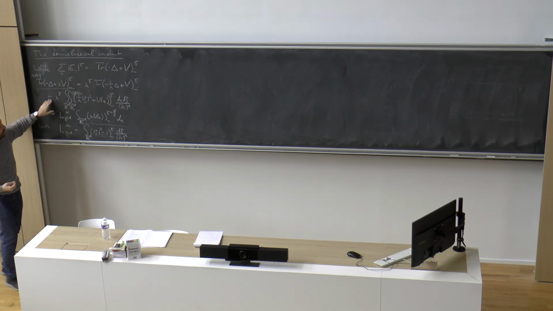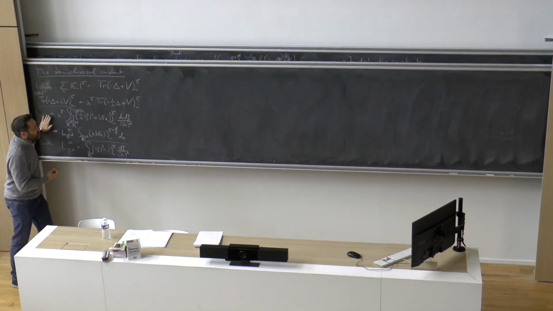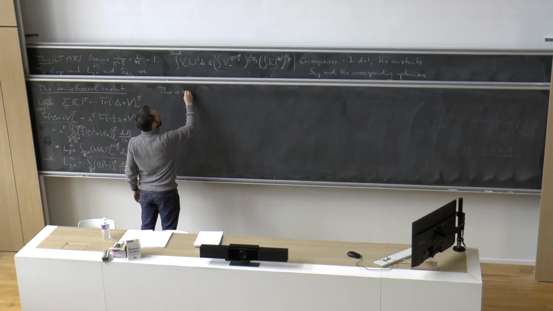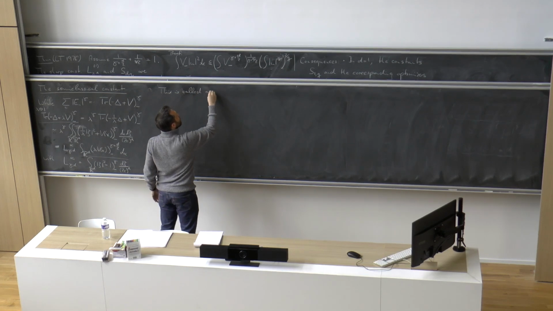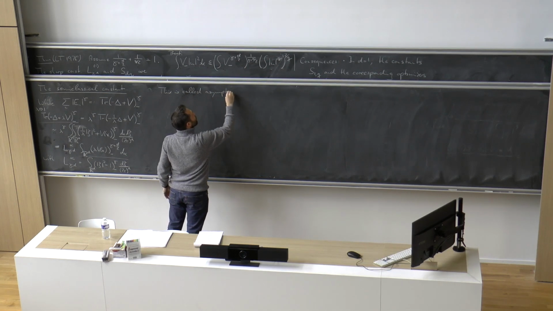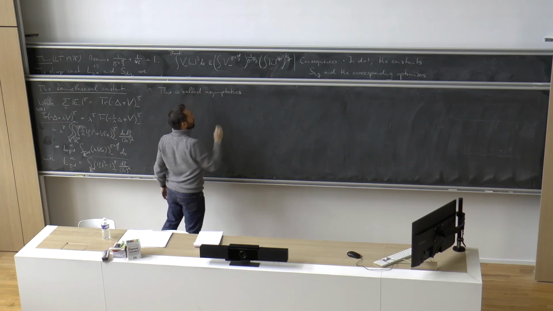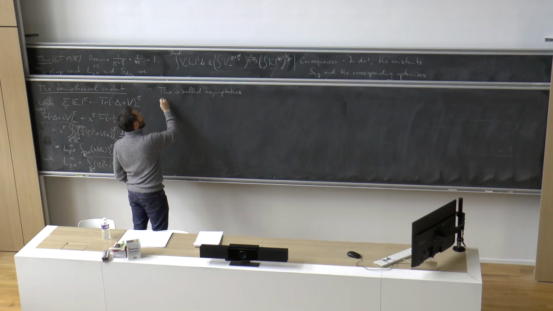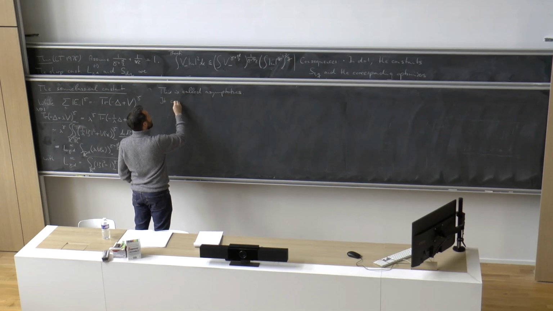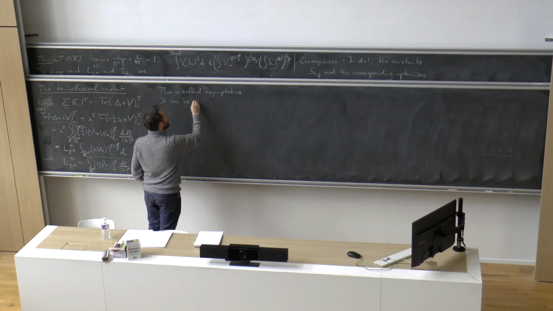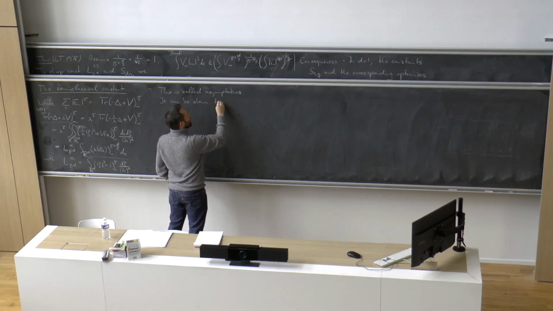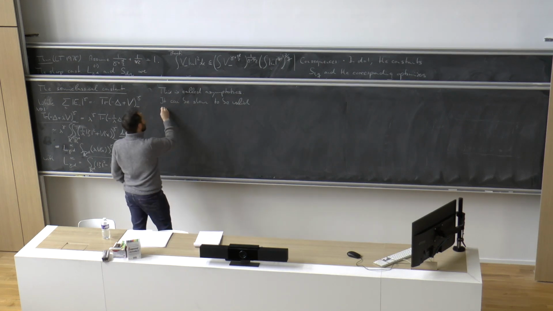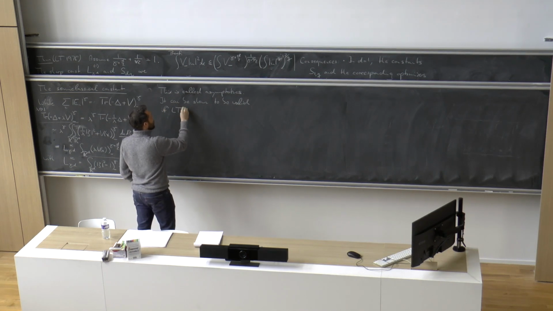So this is called Weyl asymptotics. It can be shown to be valid if and only if LT holds.